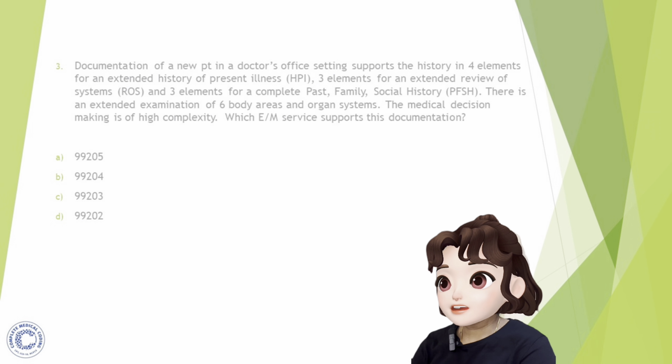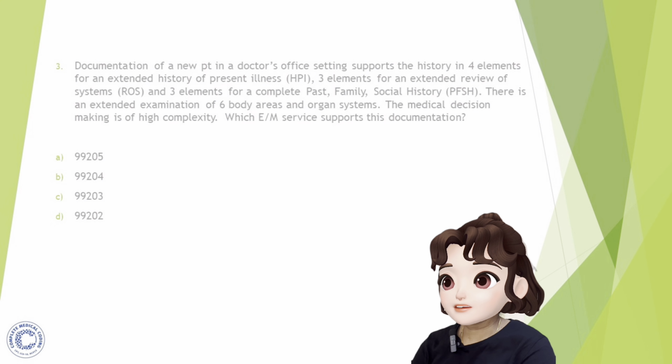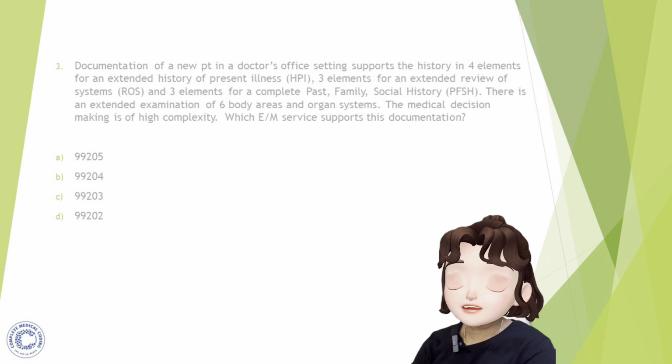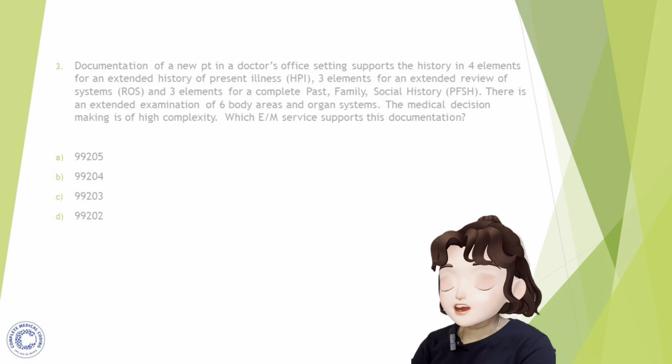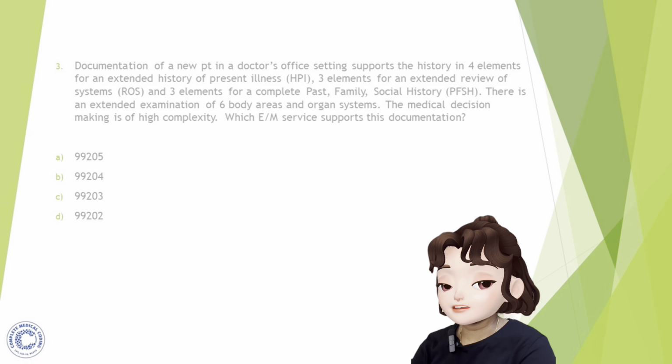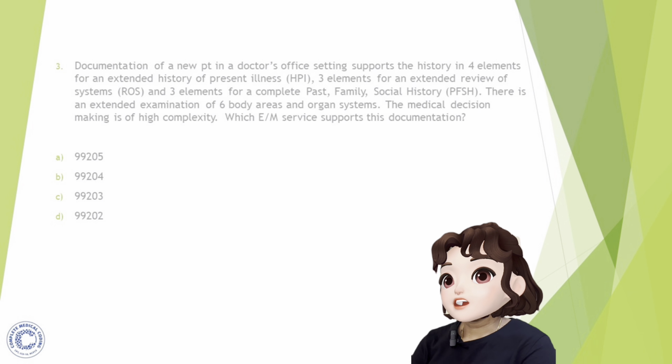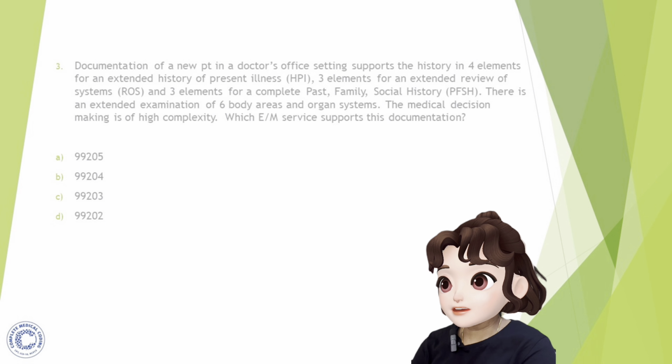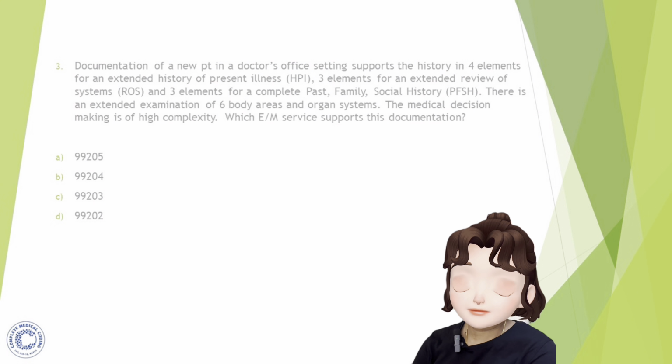You can expect these as short forms also, like HPI, ROS and PFSH. So make sure you understand these abbreviations also, okay? There is an extended examination of 6 body areas and organ systems. The medical decision making is of high complexity. Which A&M service supports this documentation?